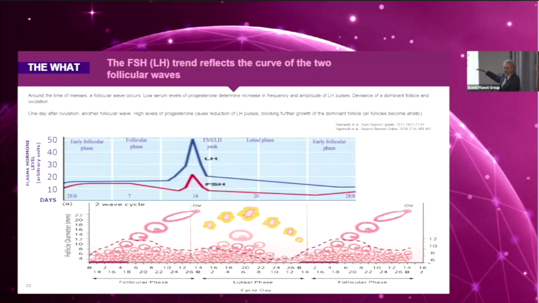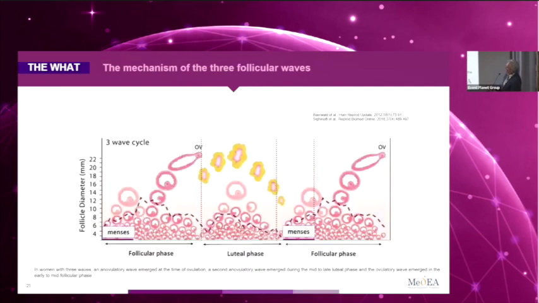The other waves are not for dominant follicle, they are for preparing new cohorts of follicles for the next cycles. So that's the reason why we thought to intercept these waves and stimulate the patient many times in the same ovarian cycle. This is to demonstrate that we can have even 3 follicular waves in the same menstrual cycle.